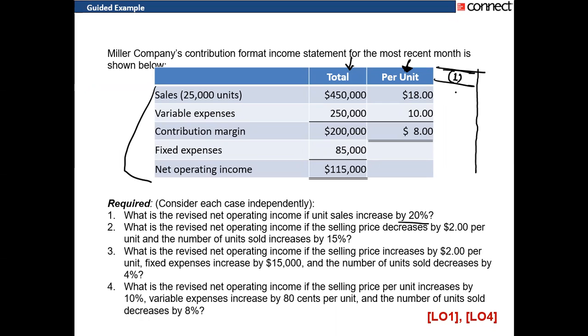So sales will go up by 20%. If the existing sales is 25,000, what will be the sales if it goes up by 20%? What do you expect?